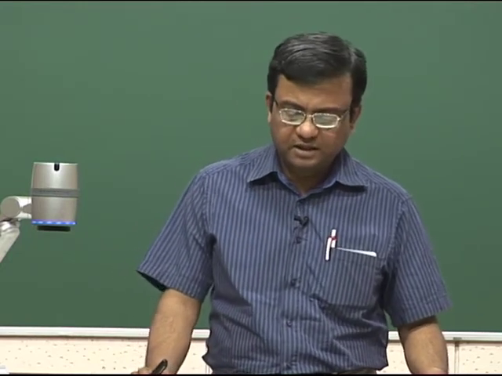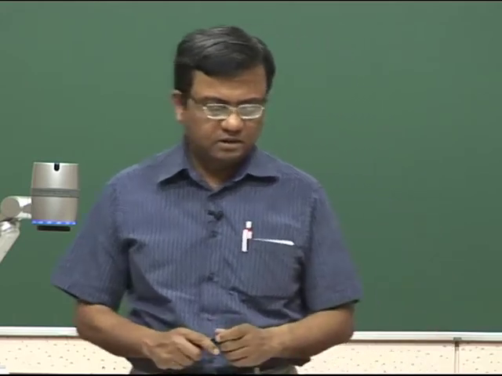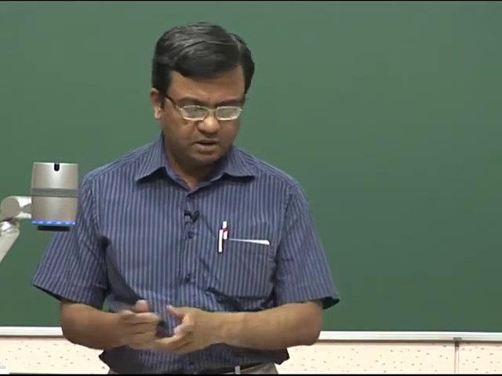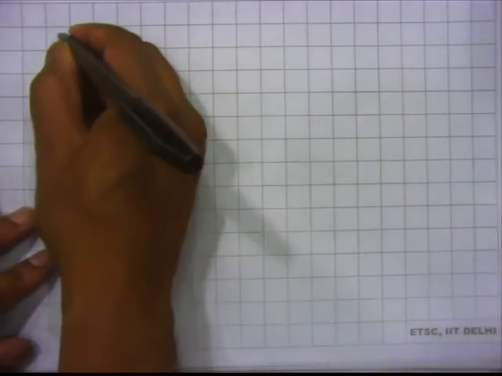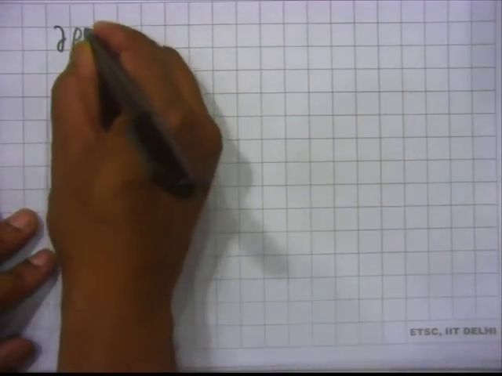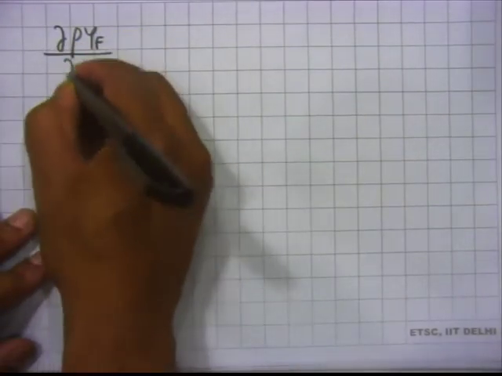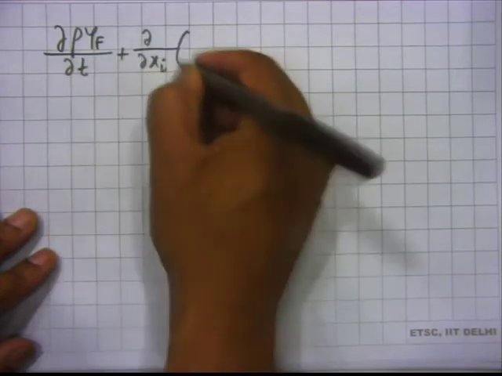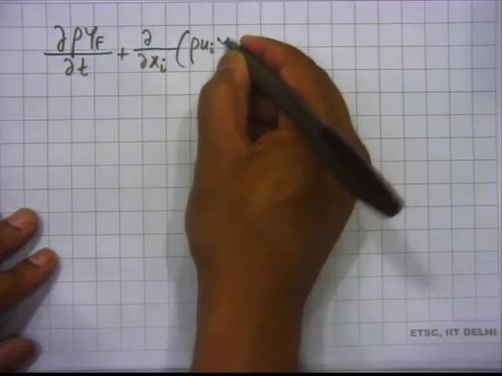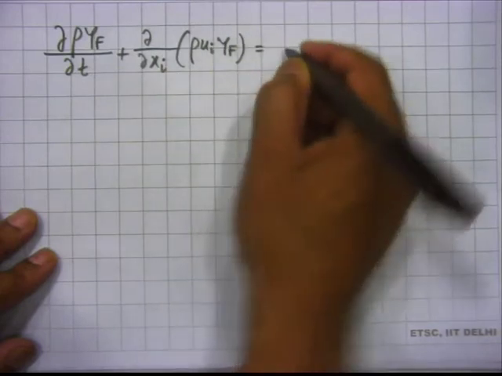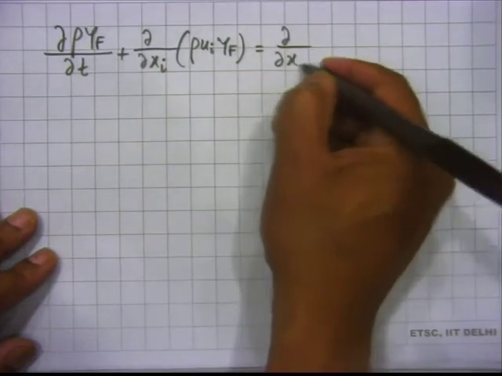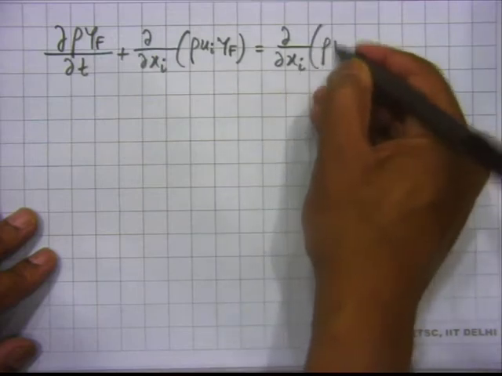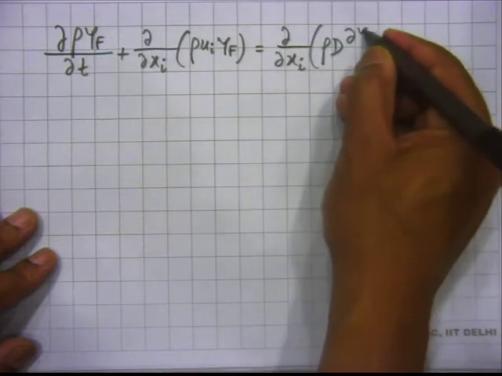So, I will just write these, and from this you will be able to interpret the terms to some extent. Again, I am writing this without deriving this. I believe that from your previous background of conservation equations through other courses, you will at least be able to make some sense out of this.